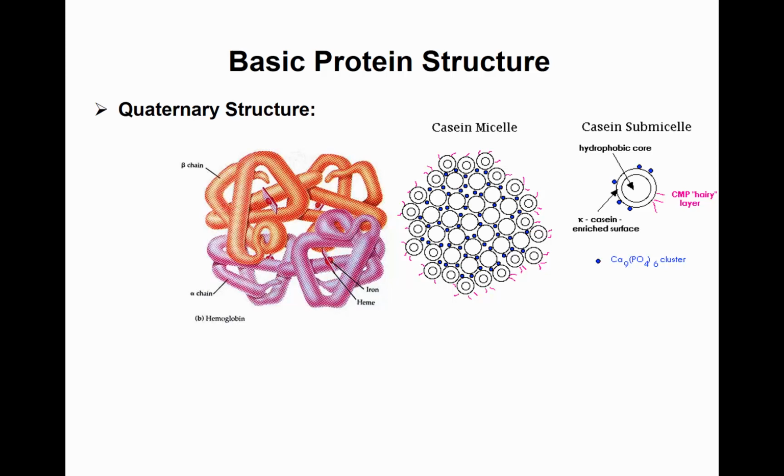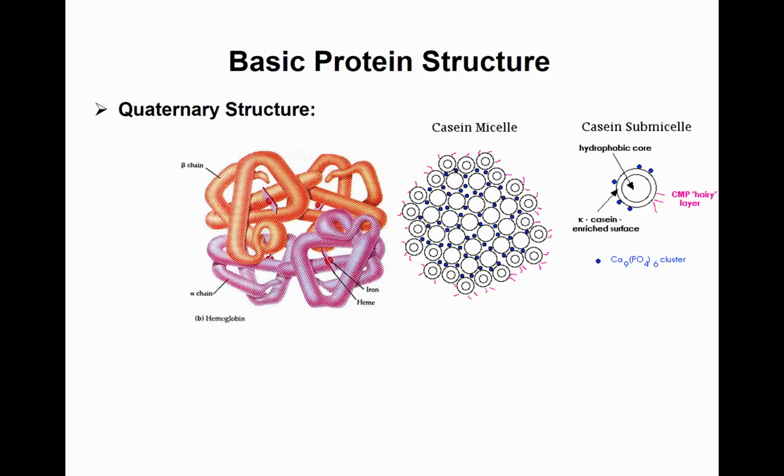So Mother Nature created something to make them stable in milk rather than have the casein precipitate. Mother Nature created this colloidal system where you have the quaternary structure of the casein stabilized by phosphate linkages, with the hydrophilic phosphorylated group on the outside stabilizing it.